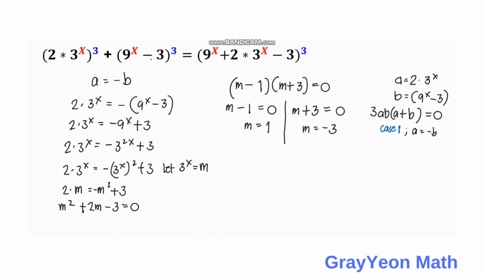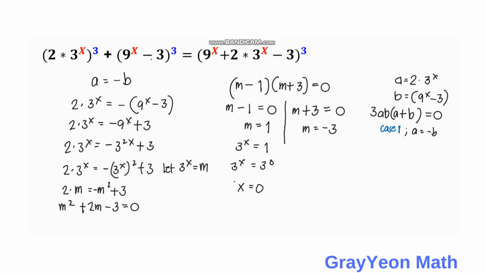If m is equal to 1, then we have 3 raised to x equal to 1. 1 can be written as 3 raised to 0, so we can equate the exponents because of the same base. So we have x is equal to 0.